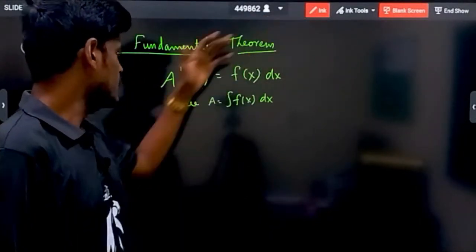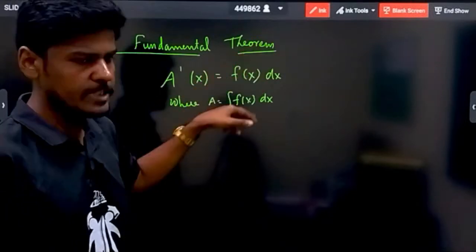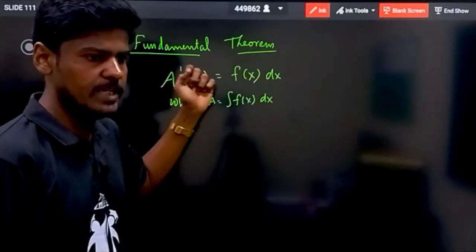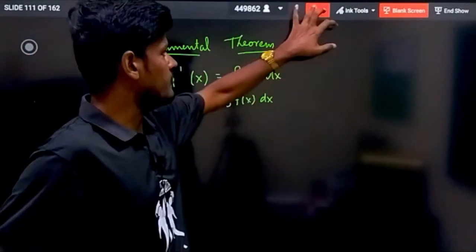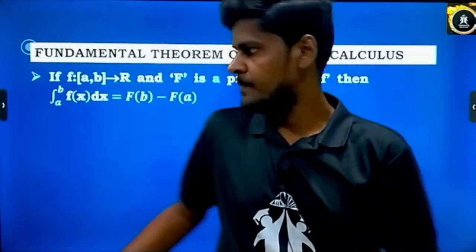Okay, next, the second fundamental theorem is what we have seen. Integral of f of x dx between the limits a to b is F of b minus F of a. That is the second fundamental theorem of integral calculus.